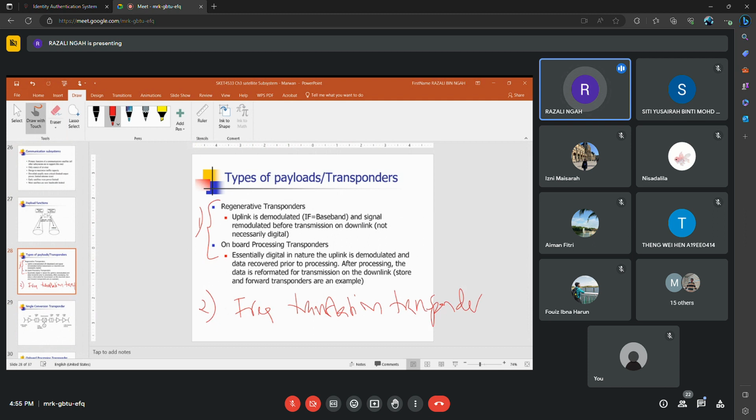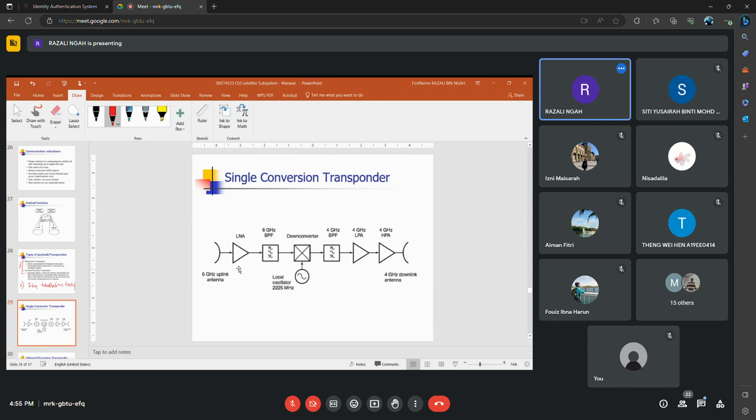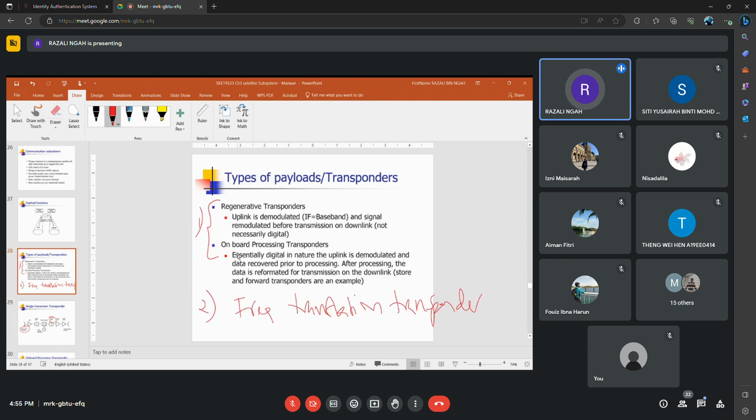Frequency translation means we change the carrier frequency only. For example, here we down convert from 6 gigahertz to 4 gigahertz. That's why we call it a frequency translation transponder. Whereas for the regenerative and onboard processing transponder, we do have a demodulation process.